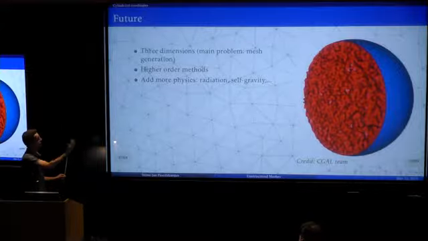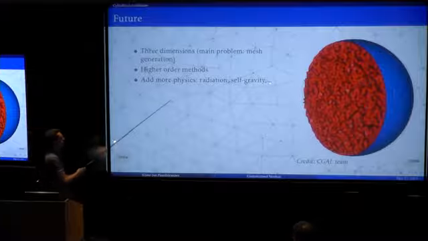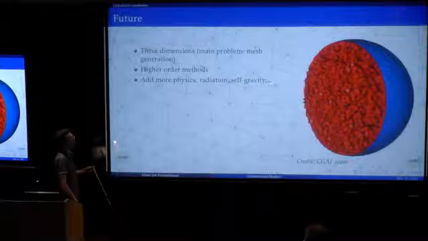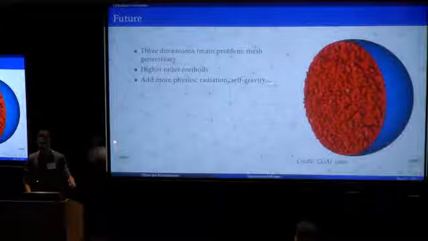Adding all the necessary physics, such as self-gravity. We have to do something properly about the thermodynamics, as we've seen in previous talks as well. So with that, I'll end and take any questions, either computational or about physics. Thanks very much.